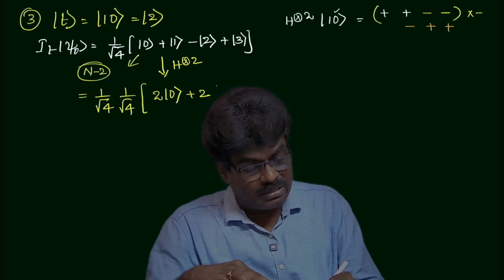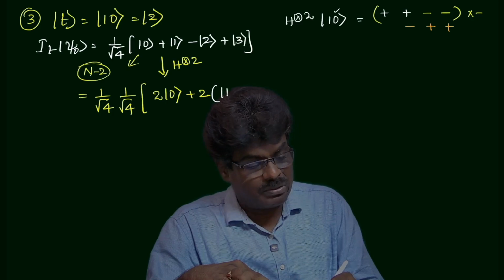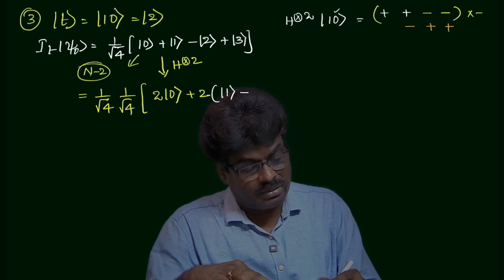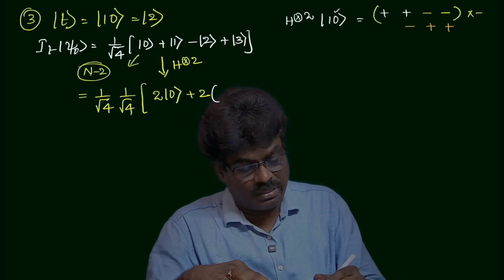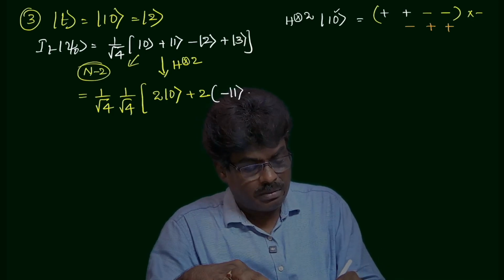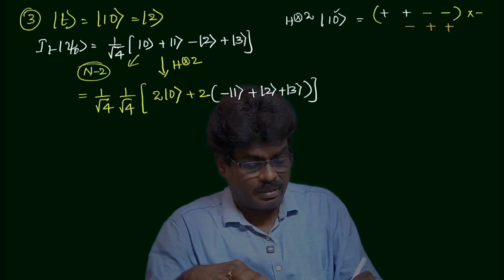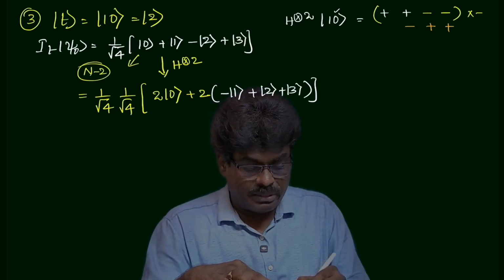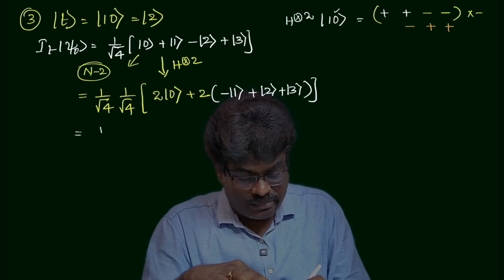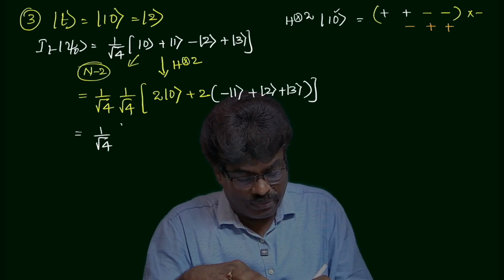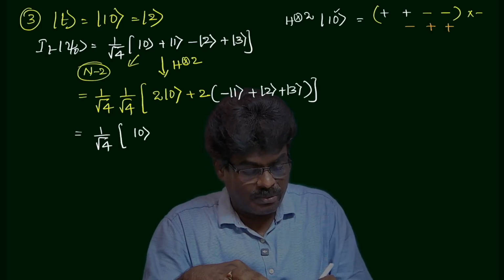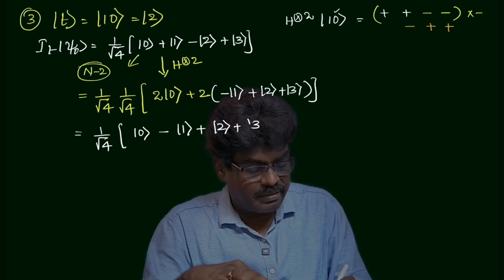So this is nothing but 2 times minus 1, plus 2, plus 3. You can take 2 common, and 2 and root 4 get cancelled, and finally we'll get 1 over root 4, 0, minus 1, plus 2, plus 3.